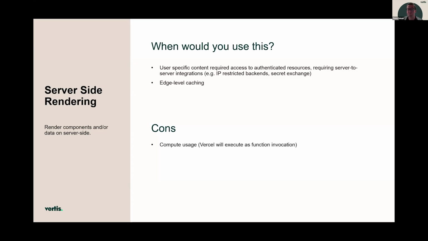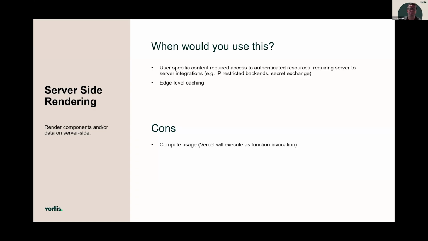So then I would choose server-side rendering. It can also be, again, if you want to have access to authenticated resources such as a user profile, or if I need to log in to access some data, right? So then I would also use server-side rendering.